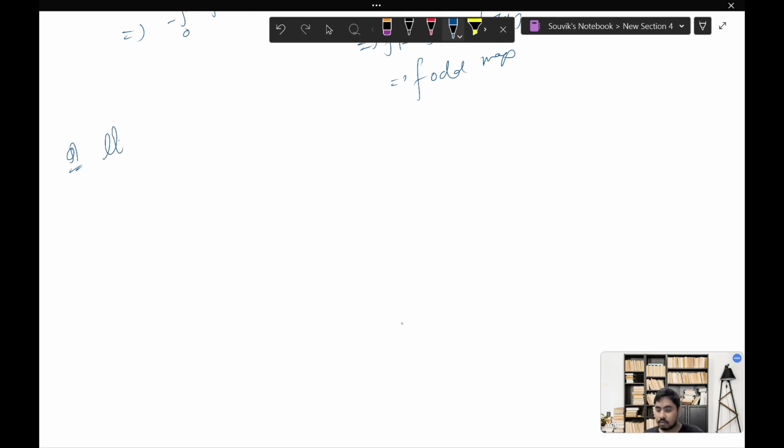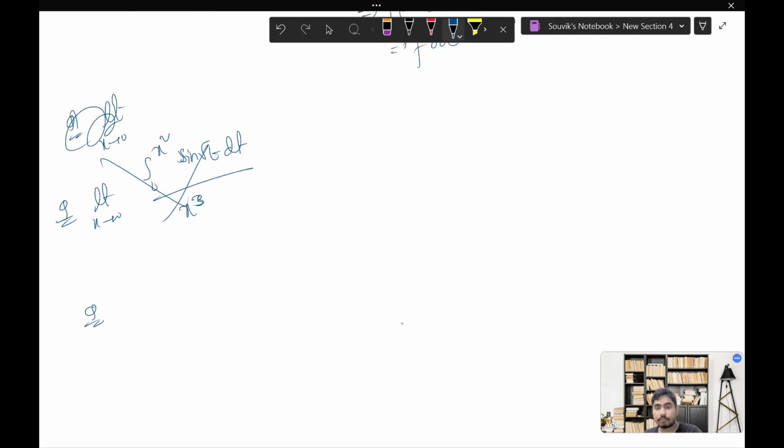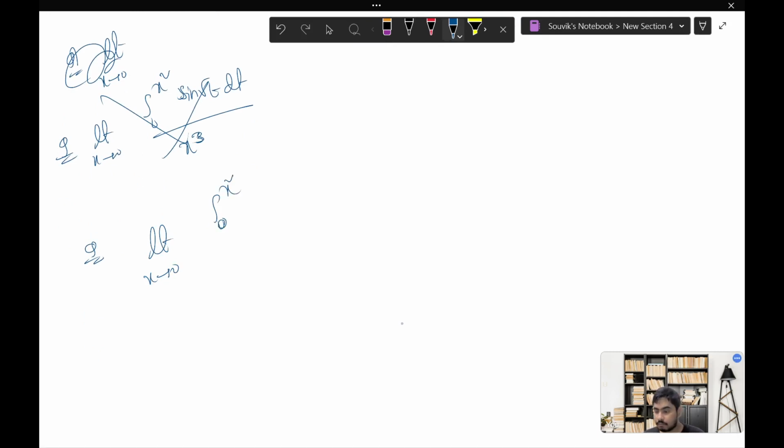Evaluate the limit as x goes to 0 of the integration from 0 to x squared of sine root t dt, divided by x cubed. Sorry, let me write it as a question.